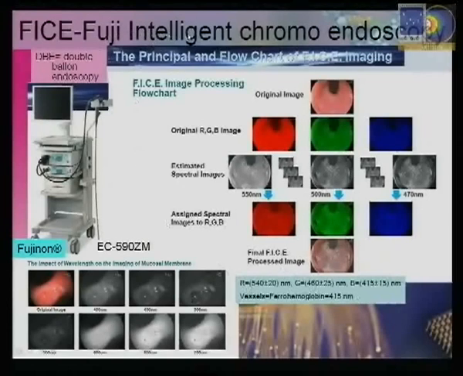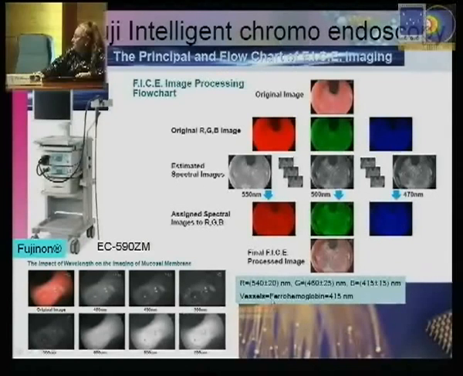This system, called intelligent, comes from Fujinon, and it's called intelligent because it decides by itself, according to what it sees on the tissue, which are the wavelengths that should be ideal to discriminate the tissue area. And this is classically also called chromoendoscopy.